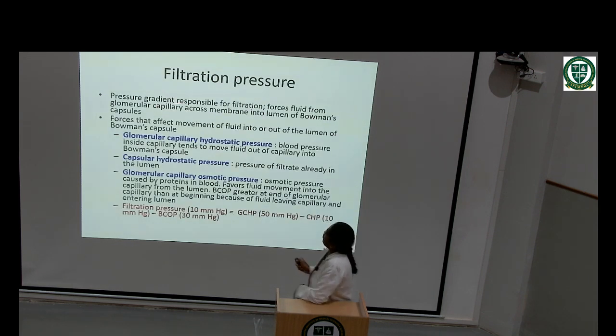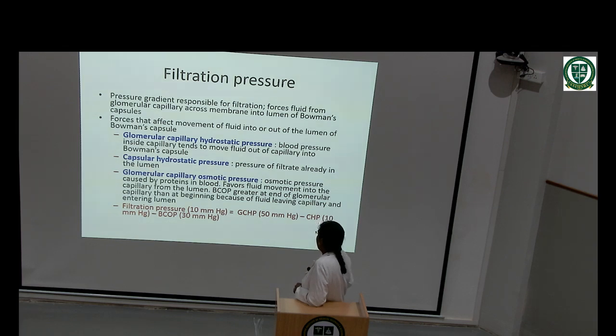Coming to filtration pressure. The pressures like glomerular capillary hydrostatic pressure, the blood pressure inside the capillary, tend to move fluid out of the capillary into the Bowman's capsule, which is around 50 mmHg. Second is capsular hydrostatic pressure, the pressure of filtrate already in the lumen.